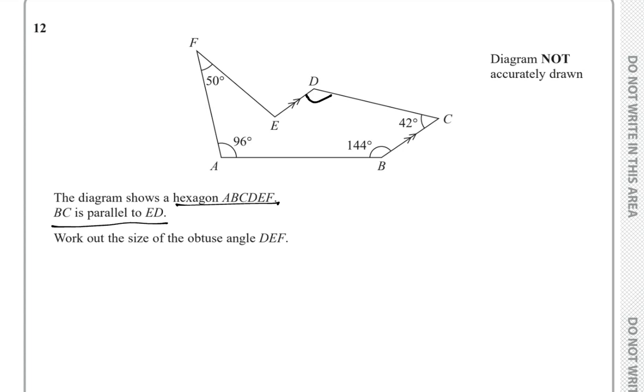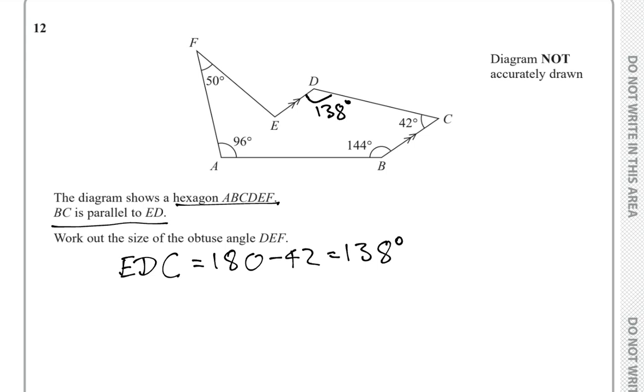Well, we've got those co-interior, sometimes called C angles, in there. We can see they're not equal, but they do add up to 180 degrees. So we can see that EDC, that one I've marked, is 180 minus 42, which is 138 degrees. So if I just put that on there, that's clear.